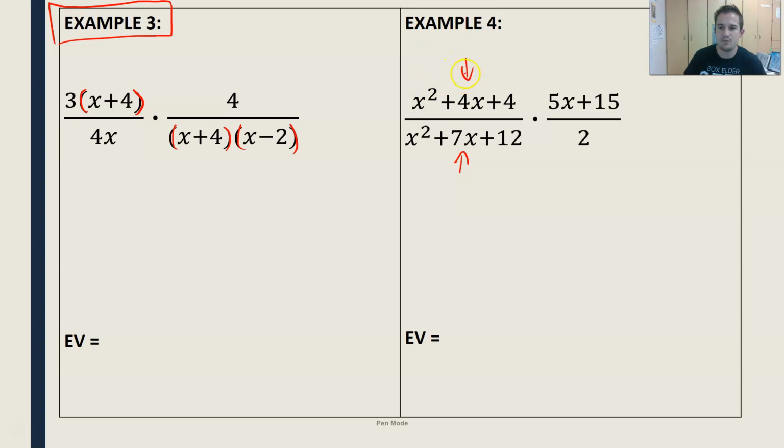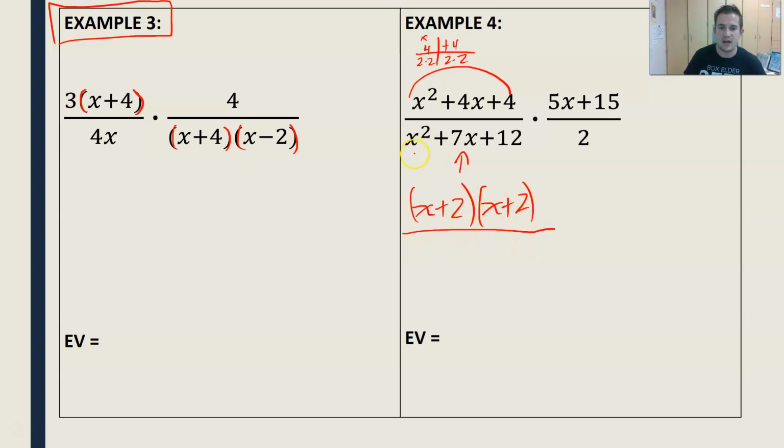So x squared plus 4x plus 4. I'm going to factor this. It's already in standard form. No greatest common factor. I'm going to multiply 1 and 4 together. What are two numbers that multiply to make 4 and add up to 4? Well, that's going to be 2 and 2. So the top of this fraction is going to be x plus 2 times x plus 2.